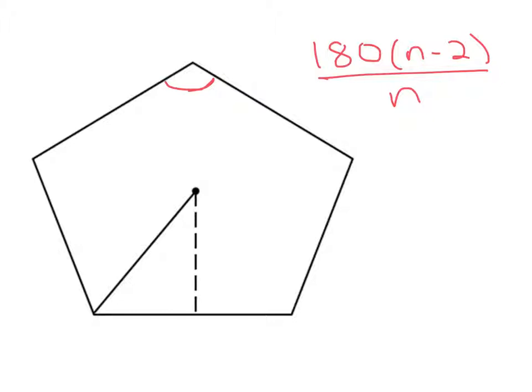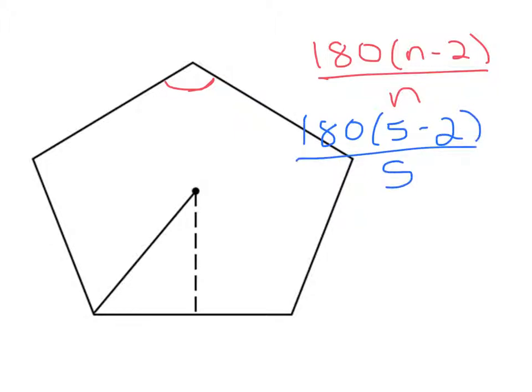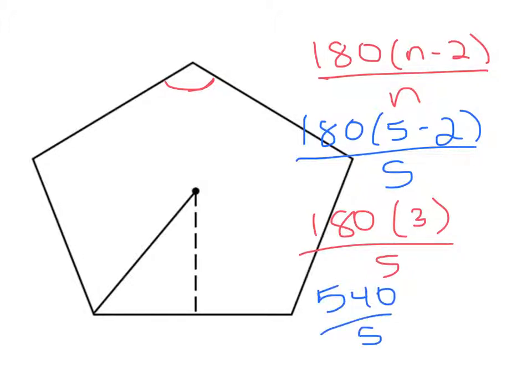So for n, we're going to substitute in 5. 180 times 5 minus 2, all divided by 5. So that's 180 times 3 divided by 5, which is 540 divided by 5, which is 108. So each angle in a pentagon is 108 degrees.